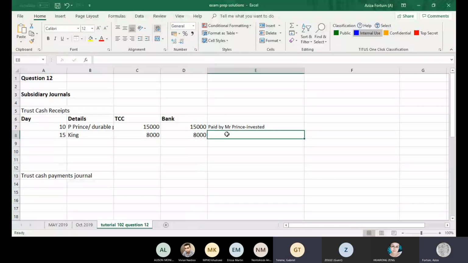So the same is going to happen with the 8,000 that is received on the 15th. Okay, and who does that go to? The 8,000 goes for savings in the SA bank. Okay. Anything else that goes into your trust bank account?